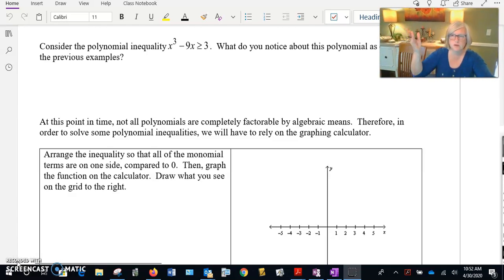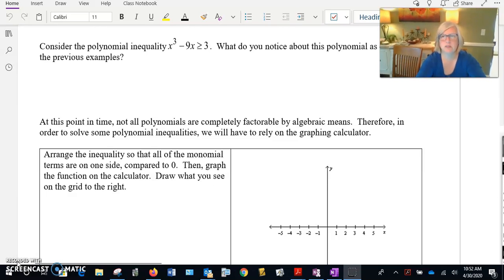So the first thing that I want you to notice, sorry, I'm adjusting my computer here, is that there's one thing that's different about this. In all of the ones that came before, you'll notice that at that location, we were comparing it to 0. And so the key to a lot of our sign charts is to make sure that you have 0 on one side.